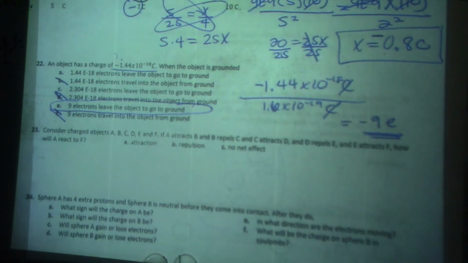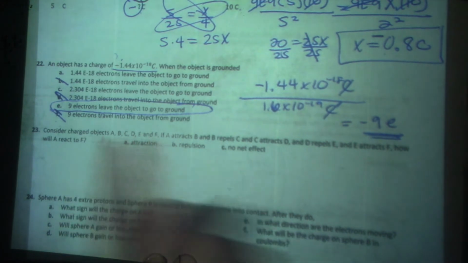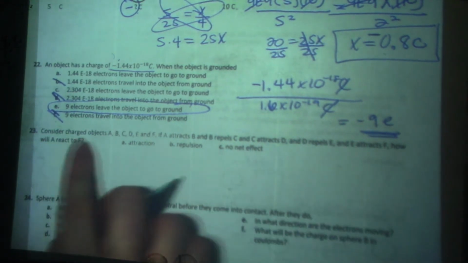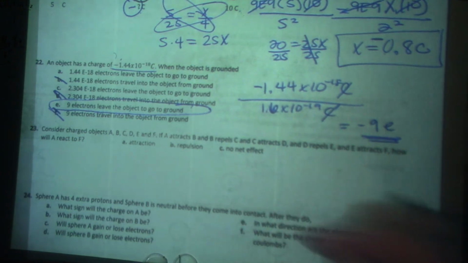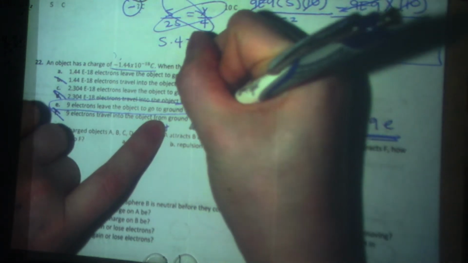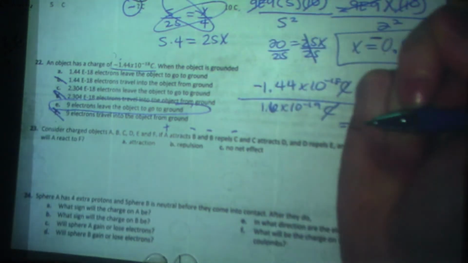Charged objects, it says that A attracts B. So let's say, because it's not giving me any of the actual charge signs, if it's positive or negative, let's say A is positive, and it attracts B. That means opposites attract, so B would have to be negative. Then if B is negative and B repels C, well, likes repel, that means C would have to be negative.